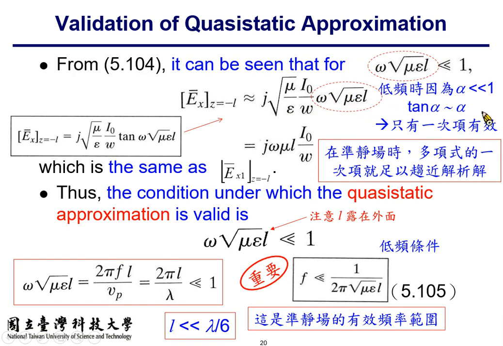And this is true for small numbers. If alpha is much smaller than 1, which approaches 0, tangent alpha will approach alpha.